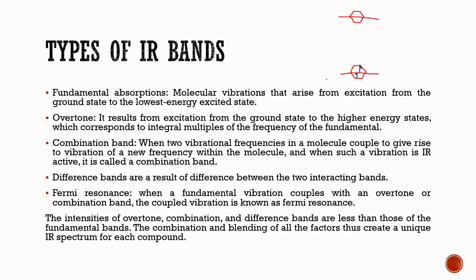So types of IR bands: fundamental absorption band, in which the molecule from its ground state gets excited to the higher energy level state, right? From HOMO to LUMO, highest occupied molecular orbital to lowest unoccupied molecular orbital.